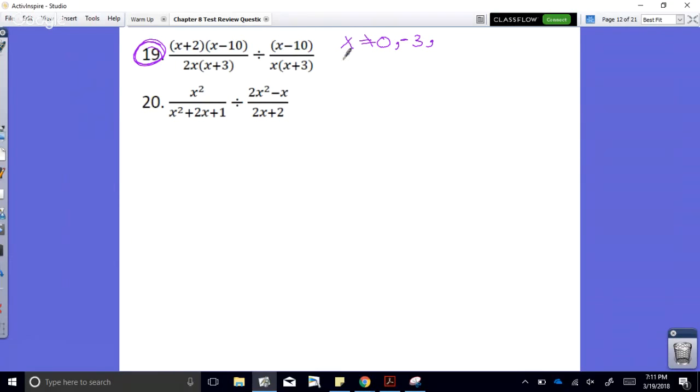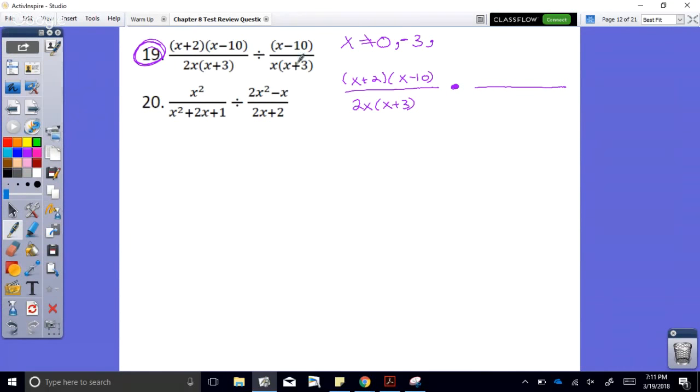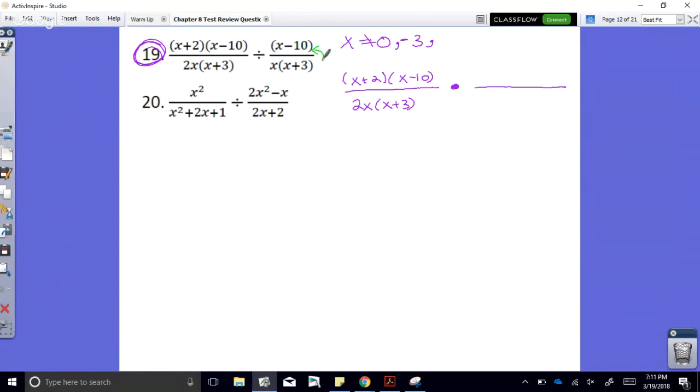We're then going to rewrite. So this is still going to be x plus 2, x minus 10, divided by 2x times x plus 3. But the division we turn into a multiplication. And when we turn the division into a multiplication, we flip the second fraction.